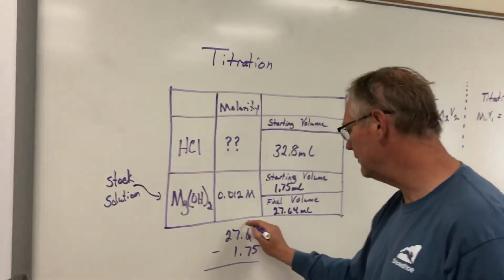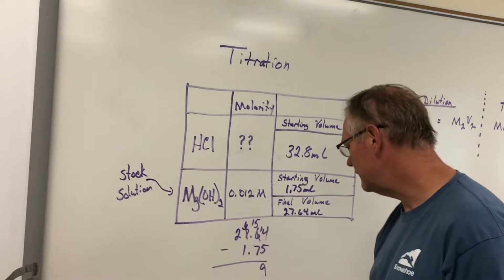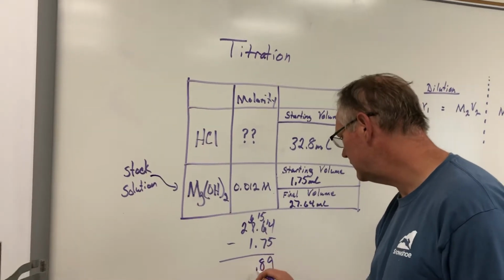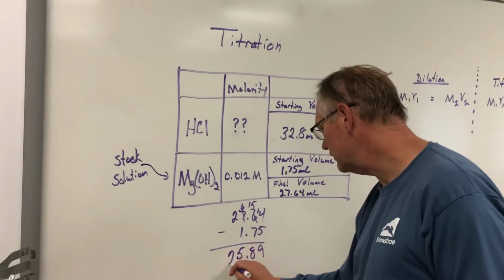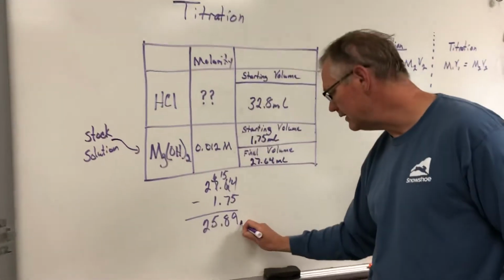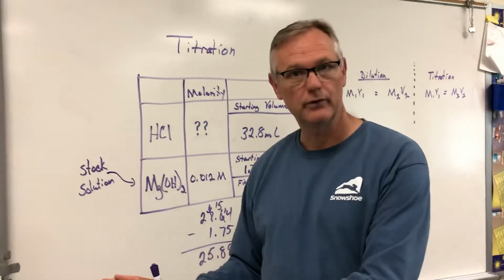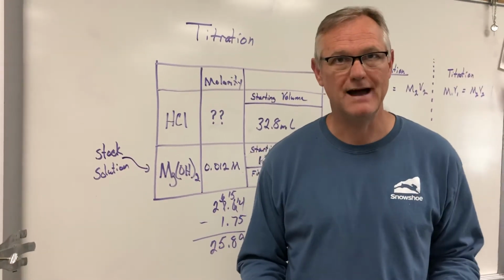That'll tell me how much I actually used. So that'll give me an 8. So I used a total of 25.89 milliliters. All right, so I'm through with the titration, but now I have to do the math part of it.